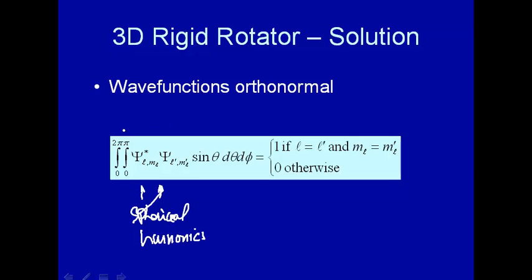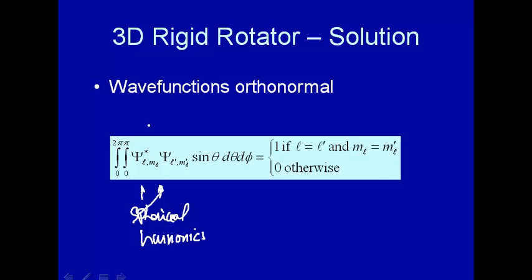Namely, if you integrate, and now we have two variables, theta and phi, so we have to integrate over both variables over all space of those variables, then we'll get 1 if L and L prime and m sub L and m sub L prime are equal. In other words, if they're the same set of quantum numbers.